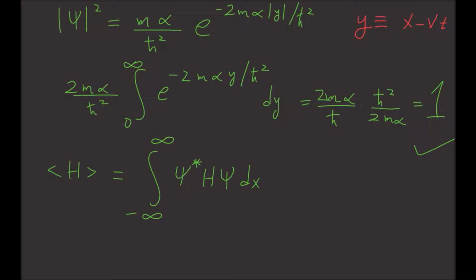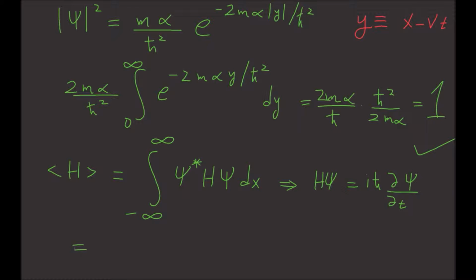But what do we know? We know that H times psi is equal to i h bar times the time derivative of psi. Well, not just in this case, in any case, right? Which is calculated above. So let's simplify it a little bit further.